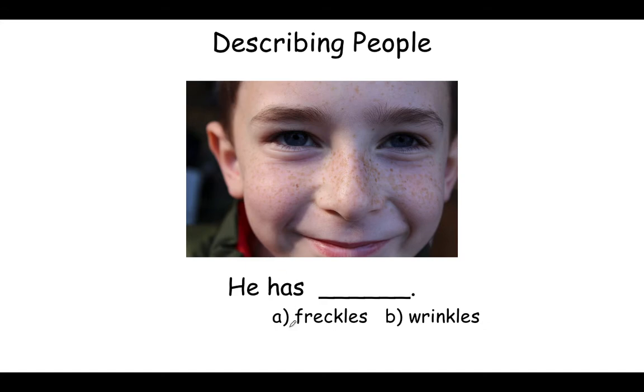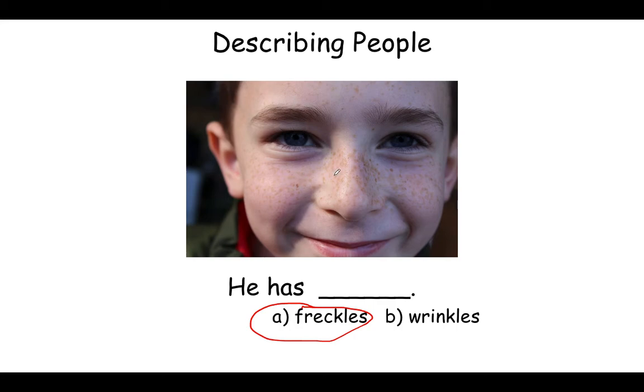He has freckles or wrinkles. So the answer is going to be freckles. Freckles is the word that we use to describe all these little brown dots that are on people's faces. Sometimes they're red, sometimes they're light, and sometimes they're dark.